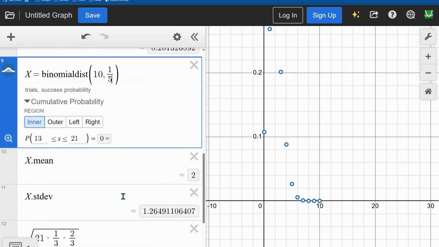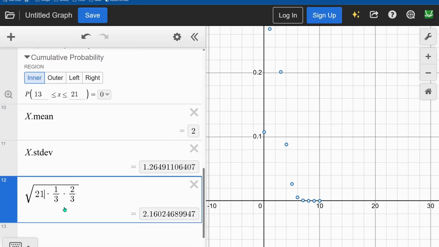Or I might calculate it by hand. 10 times 1/5, and the probability of getting it wrong is 4/5, and there's that same number.